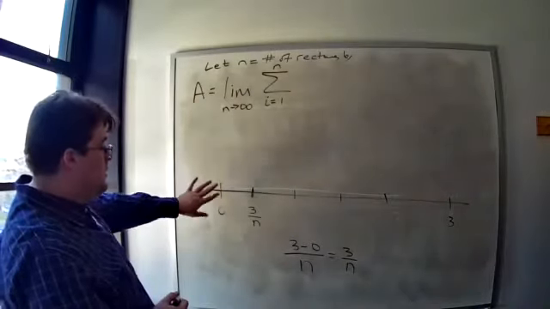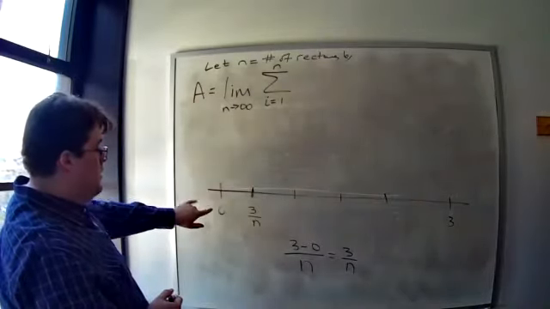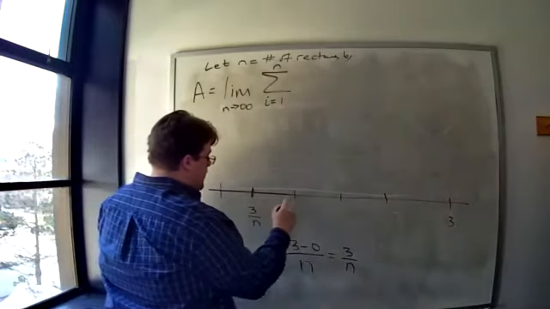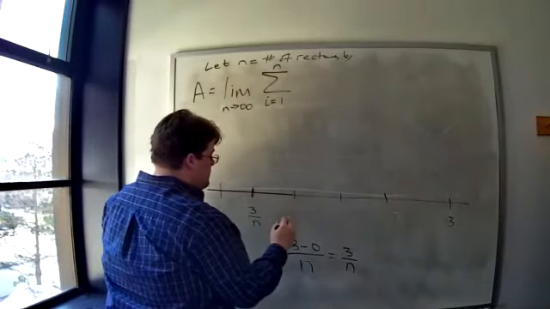Any questions about that? Okay. The next x value, well, we start at 3 over n, we go over another 3 over n. So we have 3 over n and another 3 over n. Well, 3 over n plus 3 over n is 6 over n.